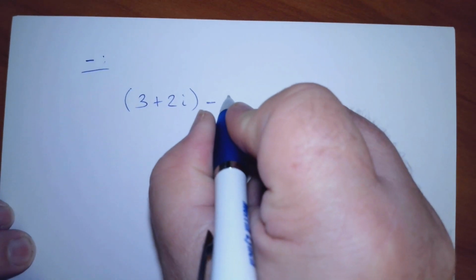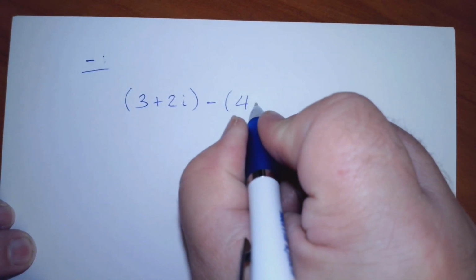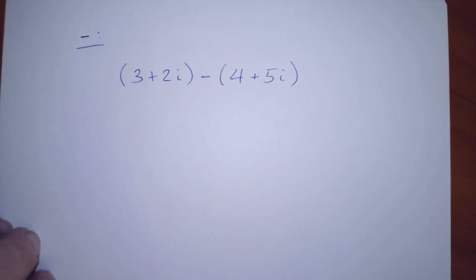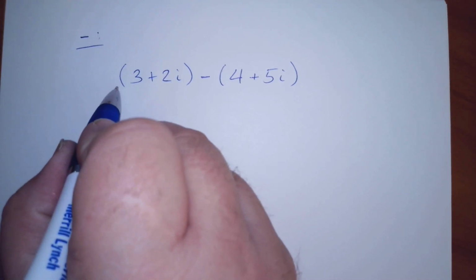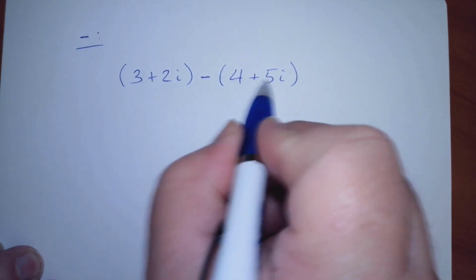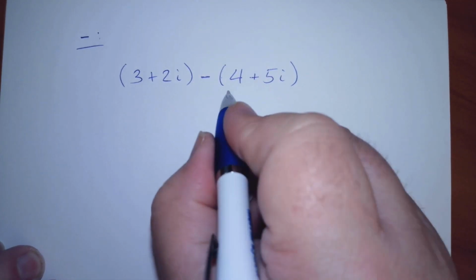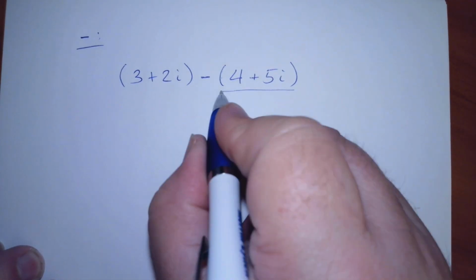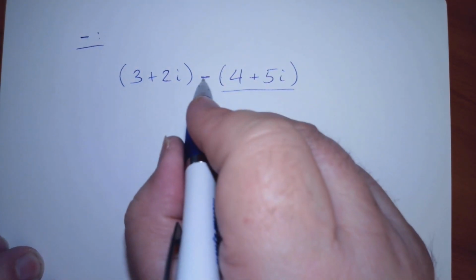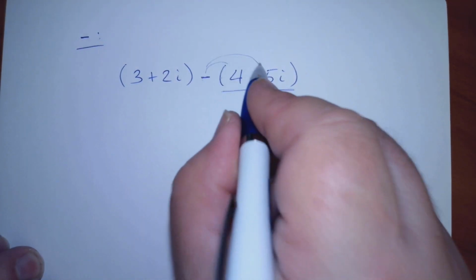3 plus 2i minus 4 plus 5i. Now, again, we have no numbers in front of the parentheses, but when we're subtracting these two operations, whatever is behind the minus sign, that negative sign will get distributed throughout.